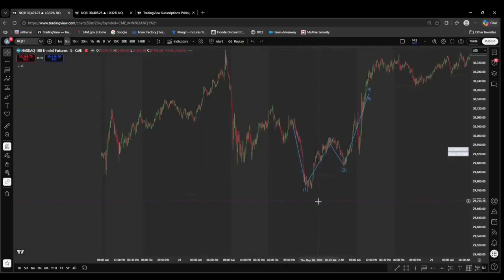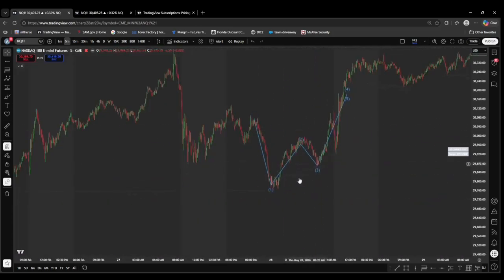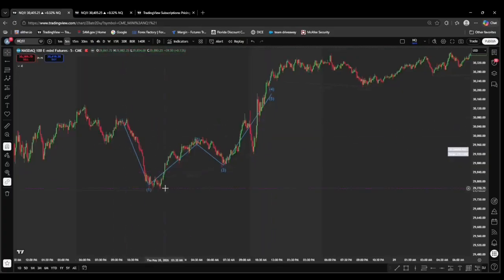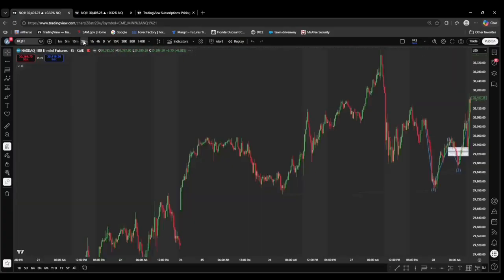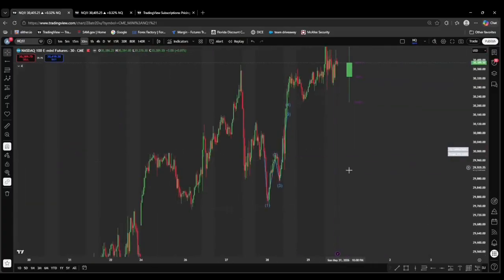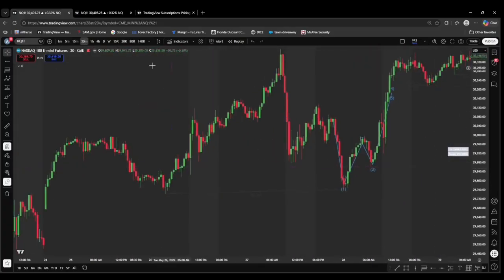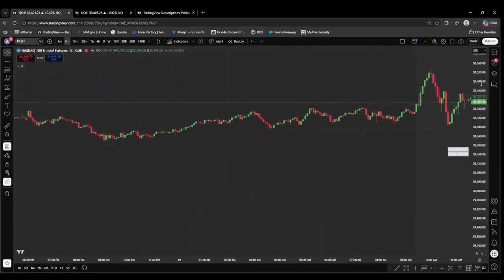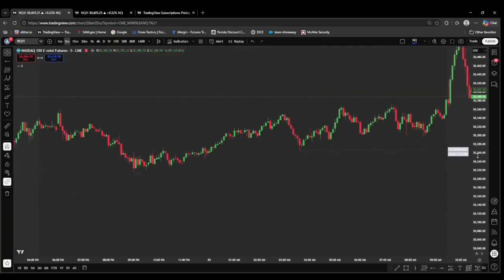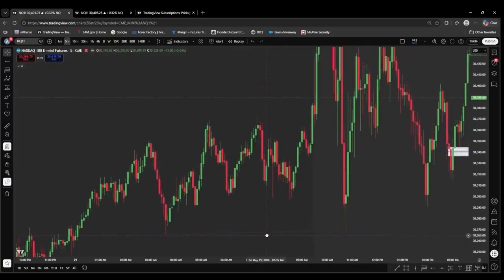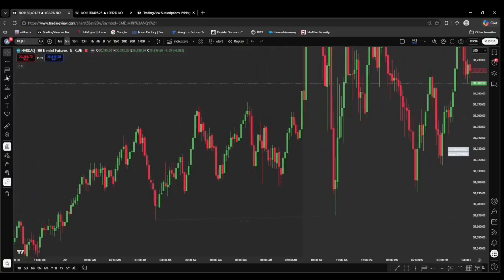You see how I didn't draw this on the 5-minute time frame, but you still see it? Because this just represents 5 minutes of price action versus 15 or 30 minutes worth of price action. So you just have to have your candle spread wide enough. Oh, perfect. Look at this.